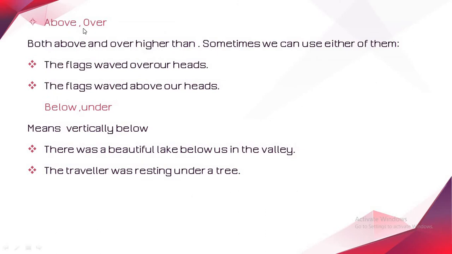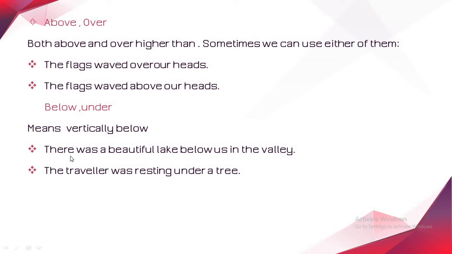Let us take some more examples. Above and over. Both of them are referring to the same thing, higher than something. Sometimes we can use either of them. The flags waved over our heads, the flags waved above our heads. So more or less it is used in a similar way. Below and under, which means something which is vertically below something.